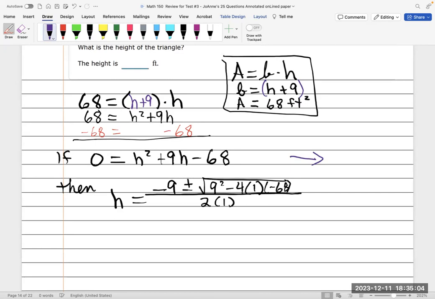We're still learning quadratic. My a is the coefficient before the h squared. My b is the one before the h. And my c is the constant. And go from there to solve.